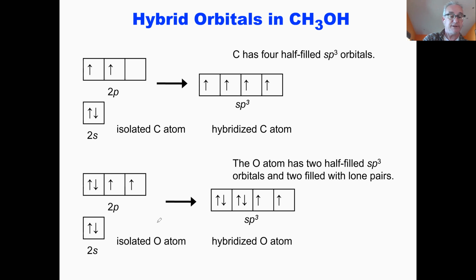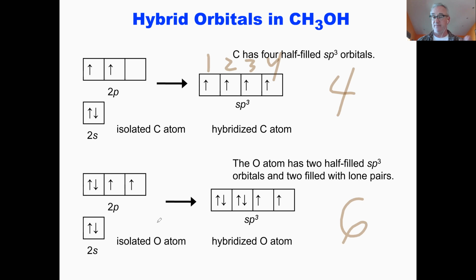The only difference is that carbon has 4 valence electrons, and oxygen's got 6. So when we fill in our 4, we go 1, 2, 3, 4, and all of them are going to be bonding. They're all single electrons, so they're all going to be bonding electrons.